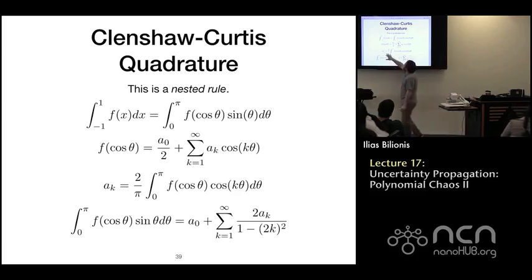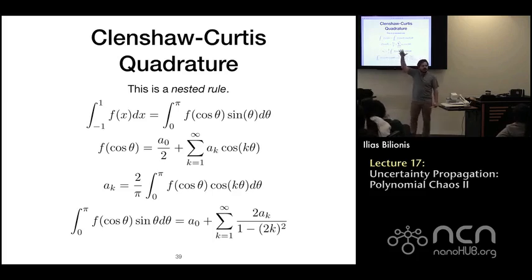I'll just show you how it works. So you want to get this integral, and you transform that integral like that. Instead of integrating over x between -1 and 1, I can say that x is the cosine of an angle. Okay, so I can do this transformation and write this integral like that, so this is exact.